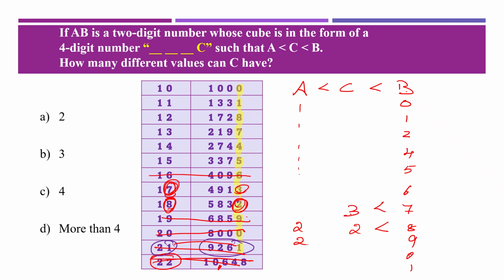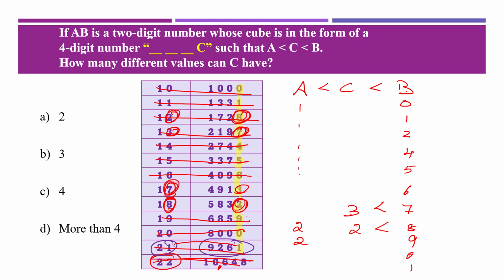On the other side, here they are equal, they are equal. And here B is smaller than C, so we eliminate it. And here B is again smaller than C, so we eliminate it. This is equal, this is equal. Oh, great.